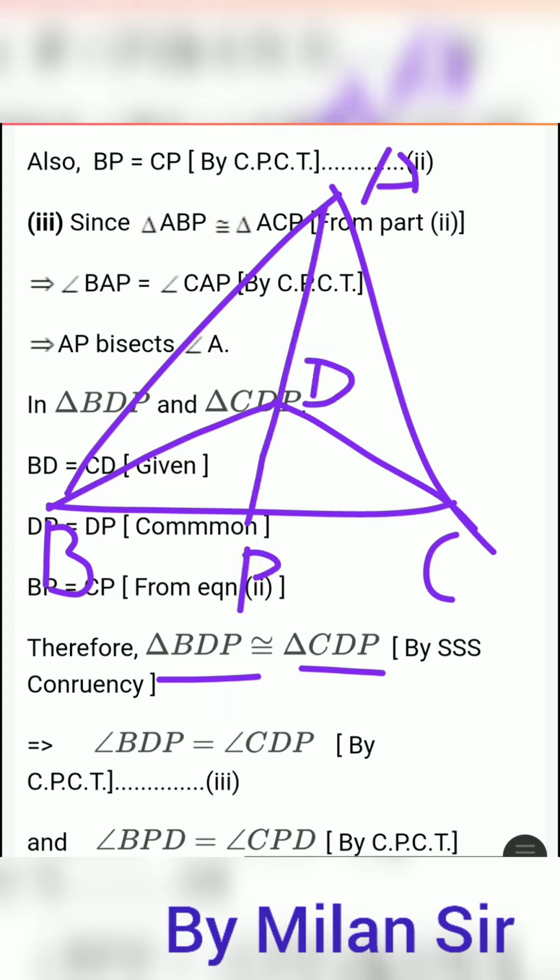So we can say that AP bisects angle A as well as angle D.